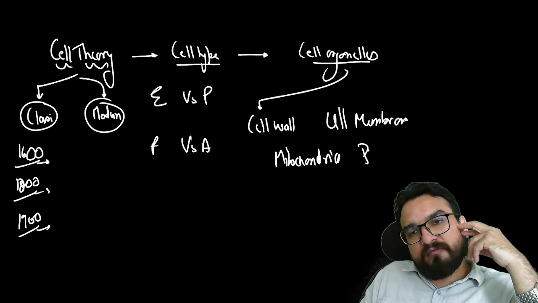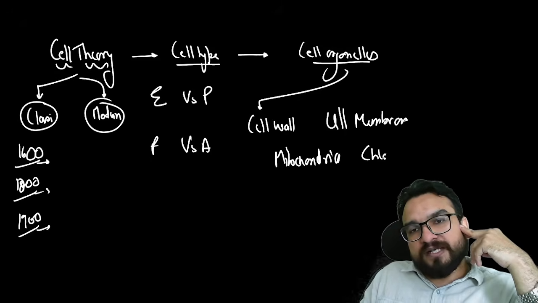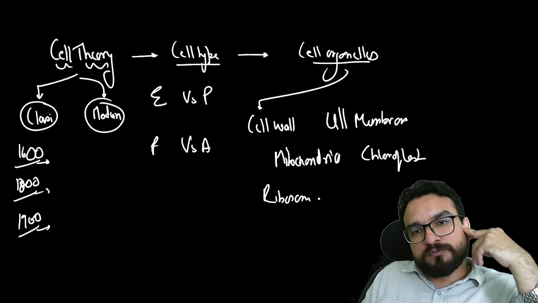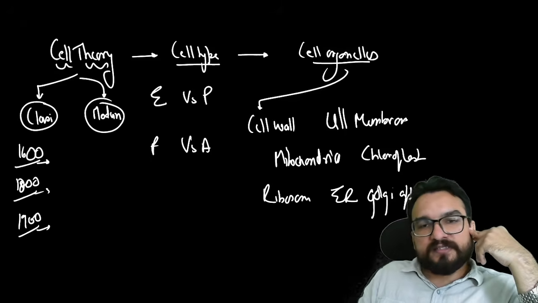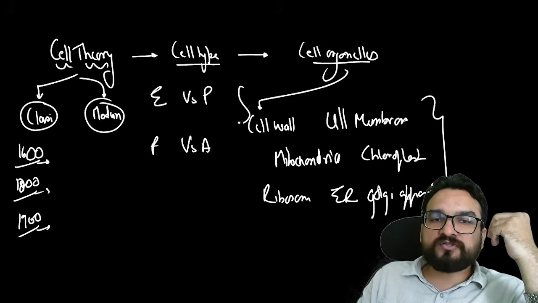Plasma membrane is done, you will call cell membrane as plasma membrane. Chloroplast, ribosome, endoplasmic reticulum and Golgi apparatus, guys. This is your cell organelle structure and function.